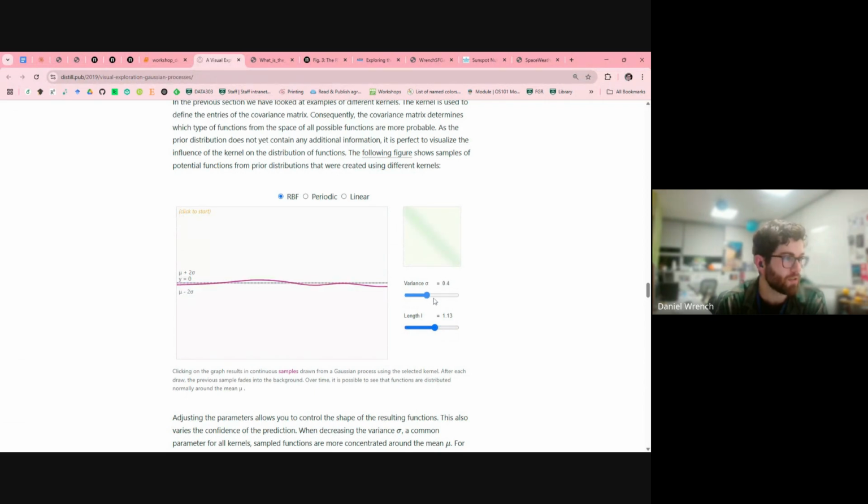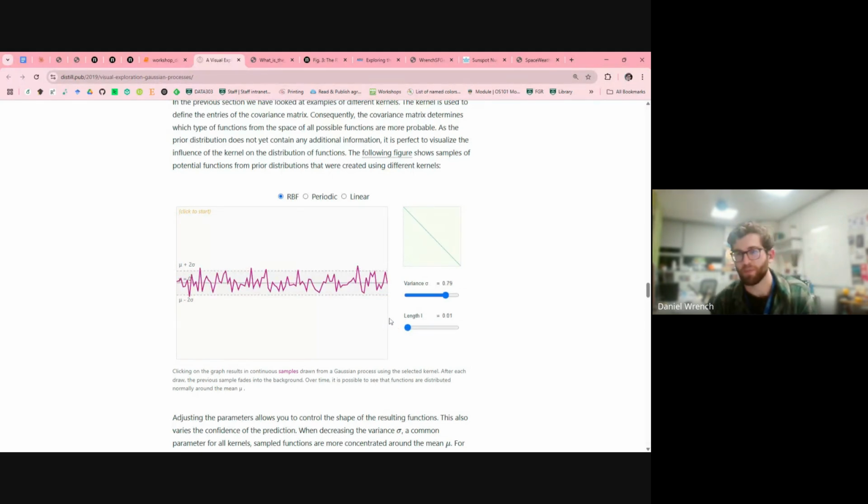Oh, no, my mistake. I mean, as I bring the length down to 0. Okay, so the variance is just the variability of the series, which is independent of its autocorrelation. So if we bring the length down to 0, there we go. There's that white noise looking signal because we have 0 correlation on the off diagonals, which is just like that white noise autocorrelation function where it drops to 0 straight away.